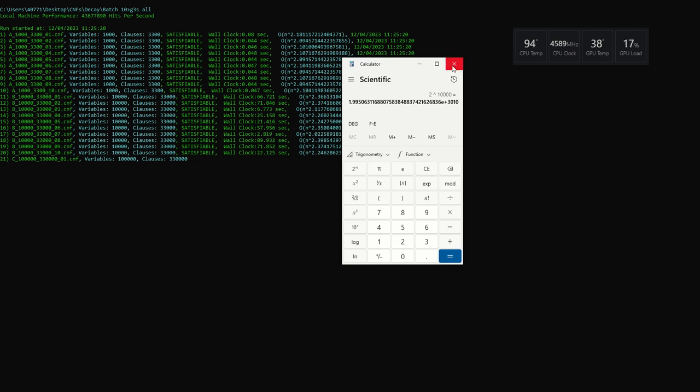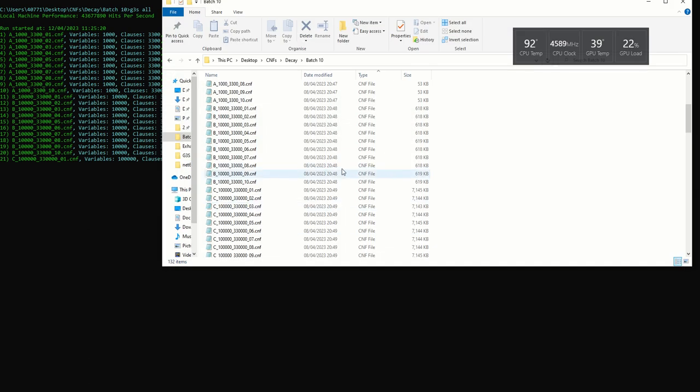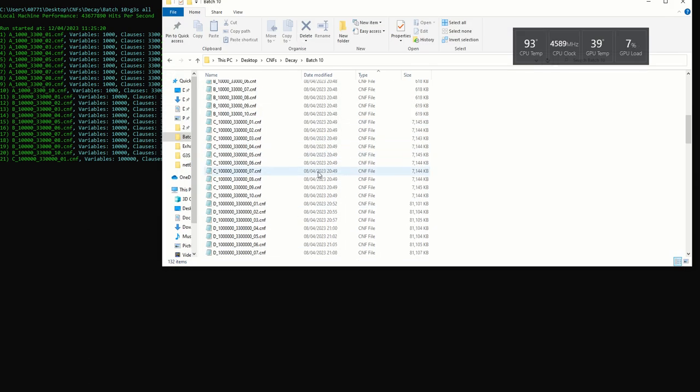Now, the next question is how do I get this formula? I am using a public 3-SAT or SAT formula generator, and it took a while to produce the 50 files, especially the 10 million ones. Let's take a look at these.